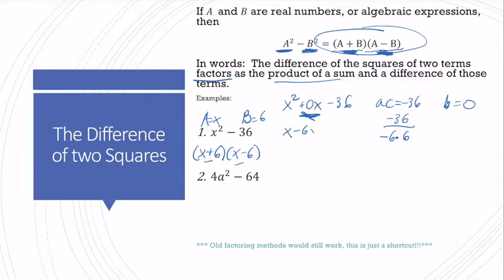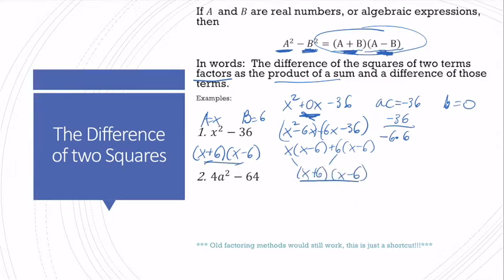I have x minus 6x plus 6x minus 36, and then I can factor by grouping. And I would get, if I collect my greatest common factors, x plus 6, x minus 6. See, I got the exact same factors.